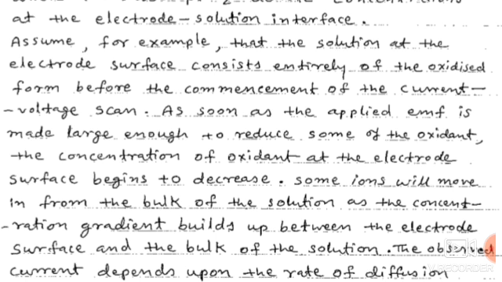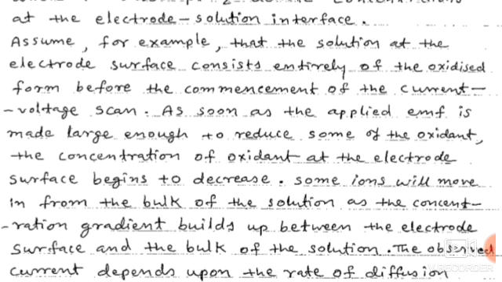So first consider the oxidized form, and as soon as the applied EMF is made large enough to reduce the oxidant, the concentration of the oxidant at the electrode surface begins to decrease. Afterward, as the applied EMF increases, ions will be moved in from the bulk of the solution as the concentration gradient builds up between the electrode surface and the bulk of the solution.